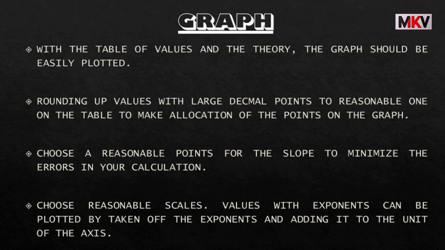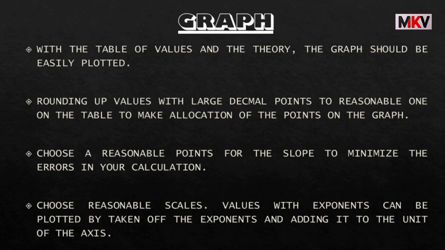And with the allocation of the scale on the axis on the graph sheet, it is not compulsory for you to start from 0 if your values on the table are not starting from 0. You can break the axis, let's say starting from 2, starting from 4, starting from 5, starting from 10, corresponding to how you choose your scale. It is not compulsory to start from 0.